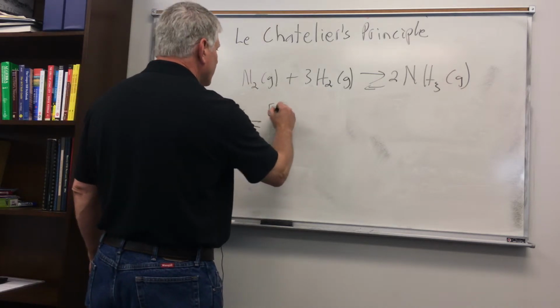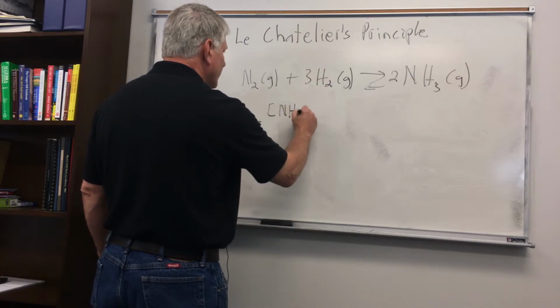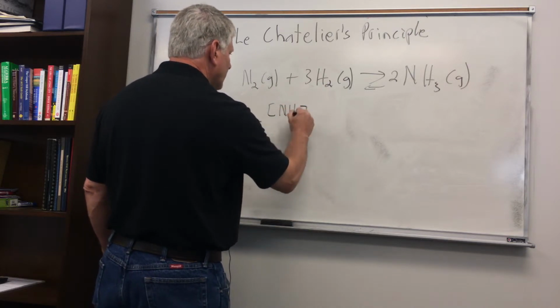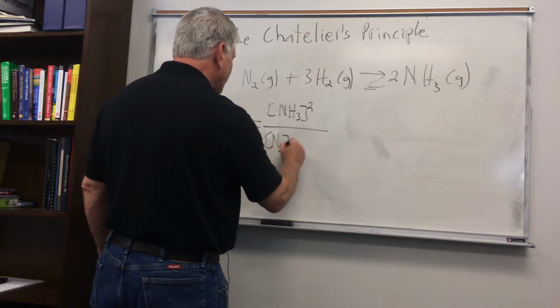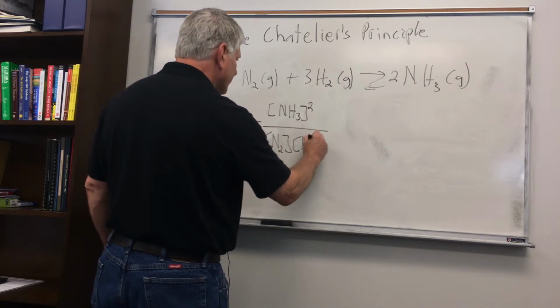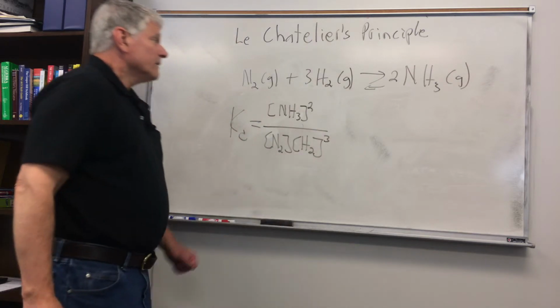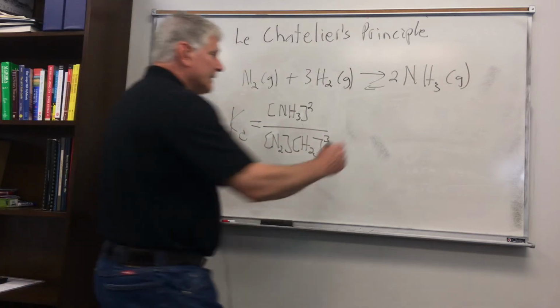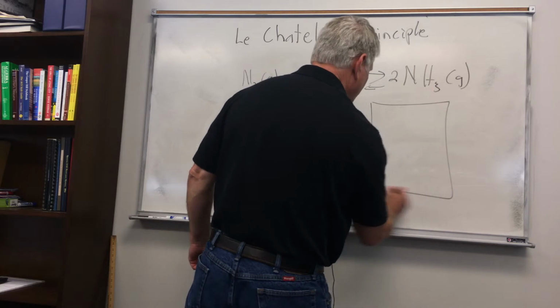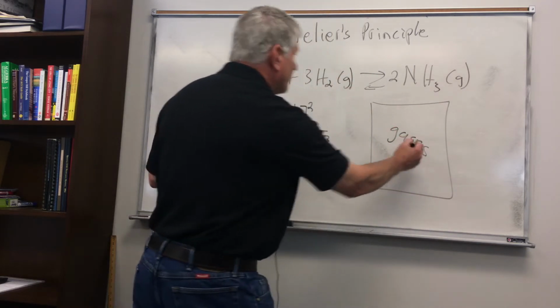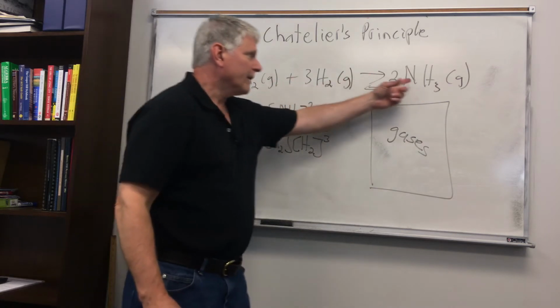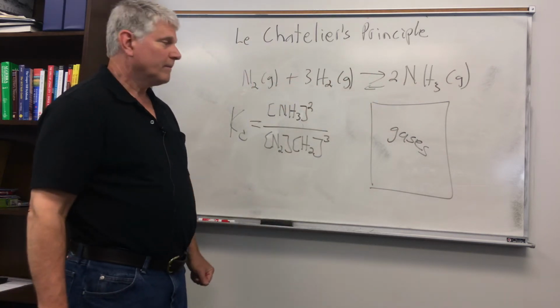So we've got concentration of ammonia squared divided by the concentration of nitrogen and the concentration of hydrogen cubed. So this is in the gas phase. We have a container here. So we have our gases in here: nitrogen, hydrogen, and ammonia. And say we're at equilibrium.